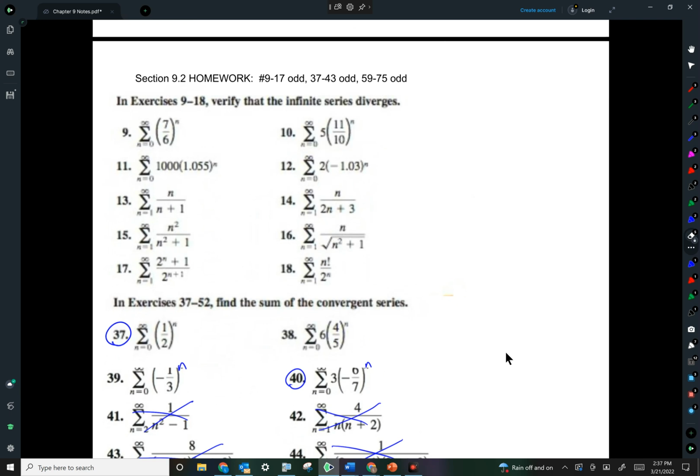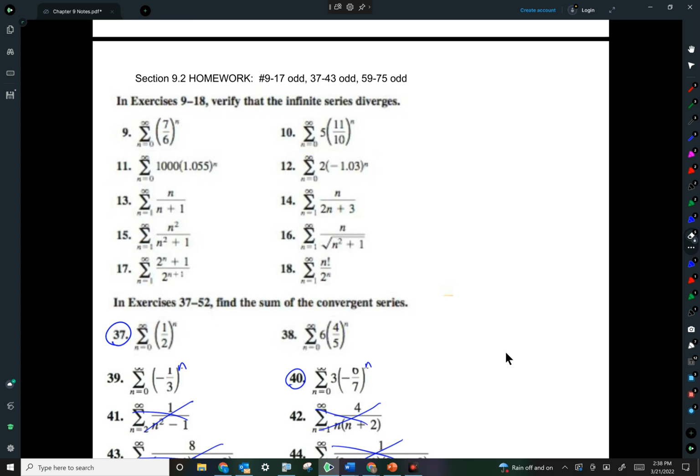Is 13 geometric? It's not. We only know one other test. The nth term test. Does the limit equal 0? No, so it must diverge. So on that one, maybe just say nth term test, or NTT or something. Diverge by nth term test.